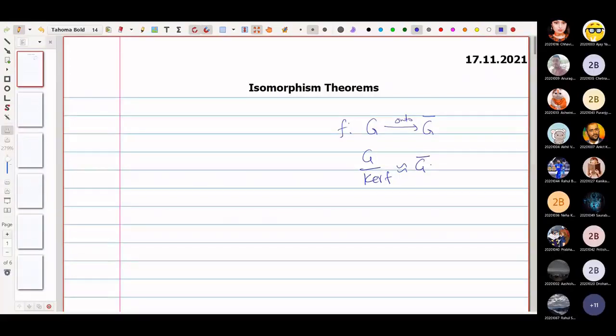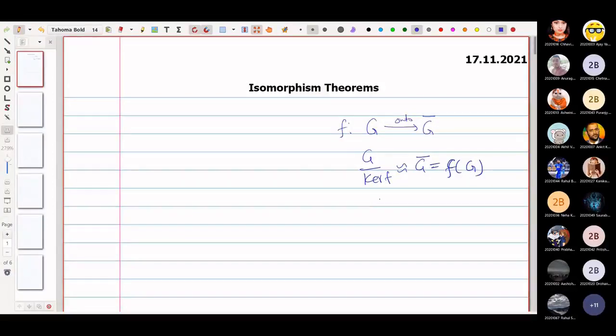And this G bar is nothing but f of G, if f is an onto homomorphism from G to G bar. So this is what we have seen.